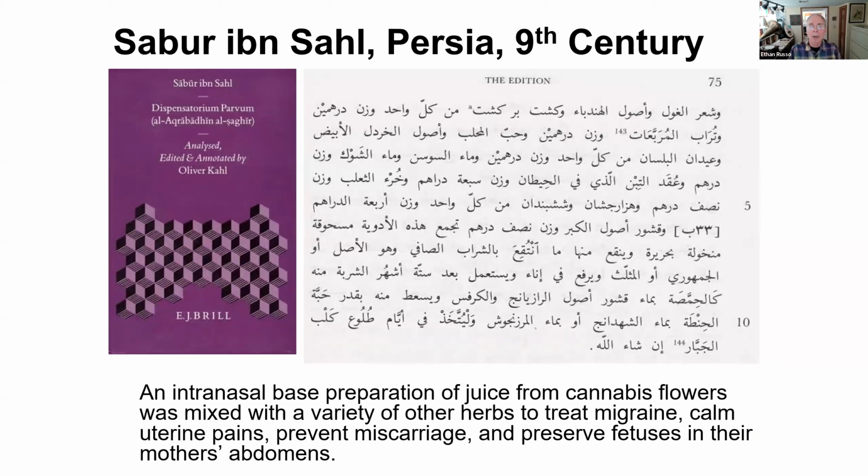Back to Persia in the 9th century, Sabur ibn Sahl described an intranasal preparation of juice from cannabis flowers that were mixed with other herbs to treat migraine, calm uterine pains, prevent miscarriage, and preserve fetuses in the mother's abdomen. Now, this has a number of interesting features. So the juice in the nose, presumably this was acid cannabinoids with terpenoids.